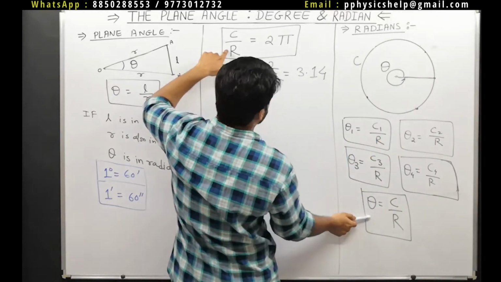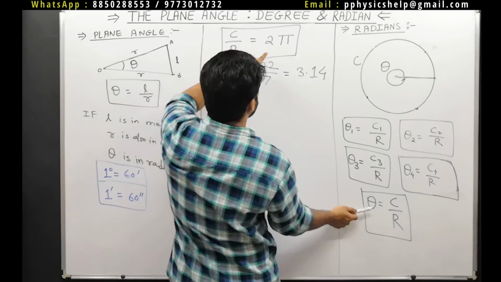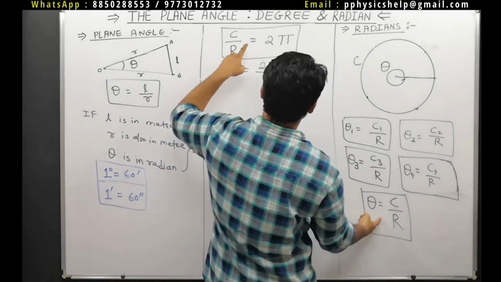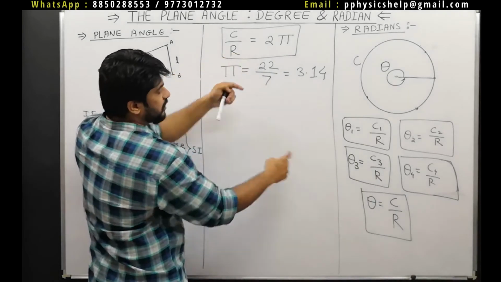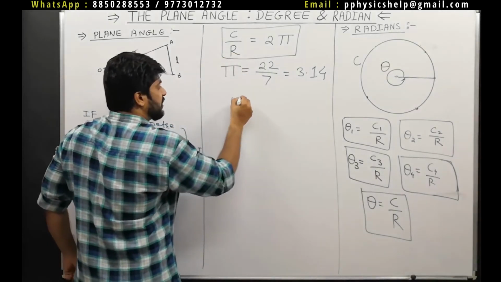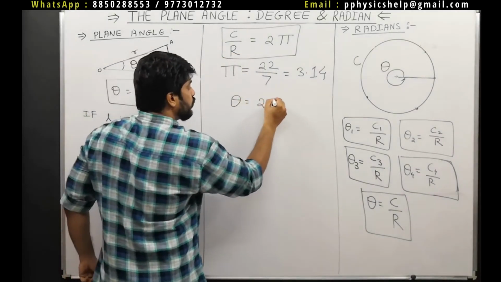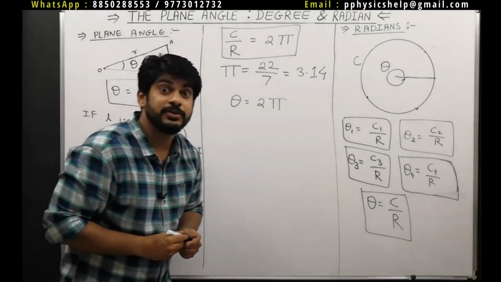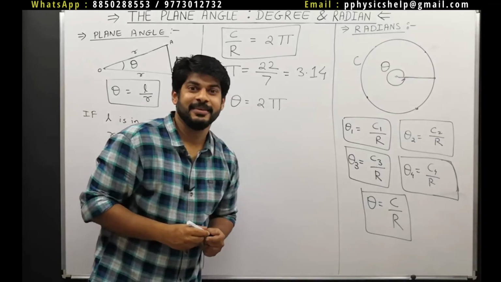And we have written this equation here. Now historically we found out this equation always, and if we compare these two equations, we can write here that theta is equal to 2 pi, isn't it?